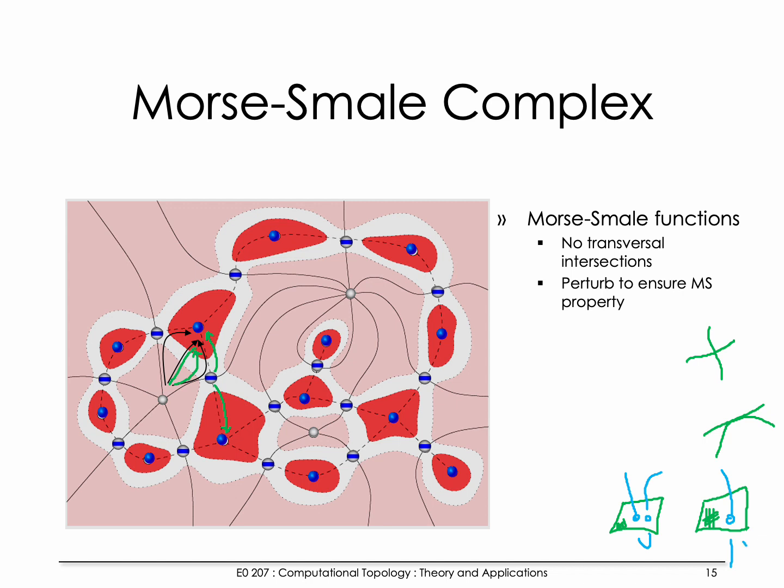A transversal intersection ensures that the overlay results in a collection of cells. So this is the reason we want transversal intersection. Just like how we saw for Morse functions, you can perturb any smooth function to ensure this Morse-Smale property. So in practice, we don't worry about this so much.